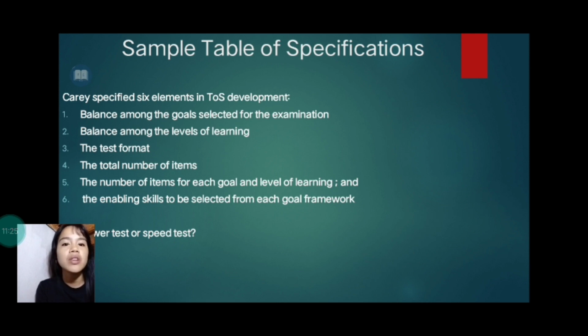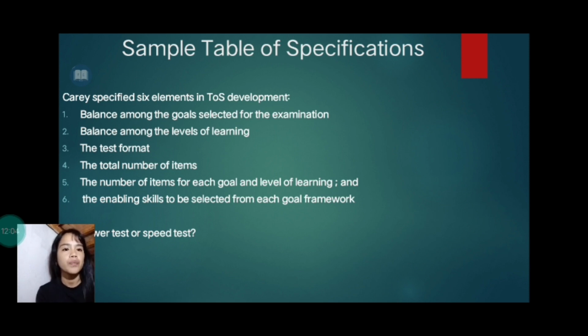Next is the total number of items. As I have experienced last year, the teacher gave 200 items above, and it's only for one hour, and there are enumerations. It is exhausting.